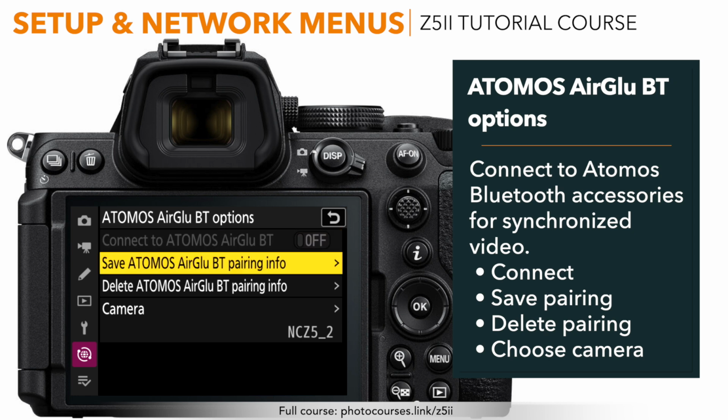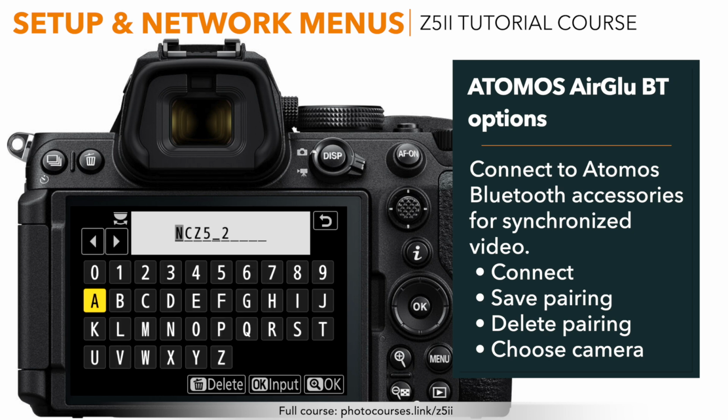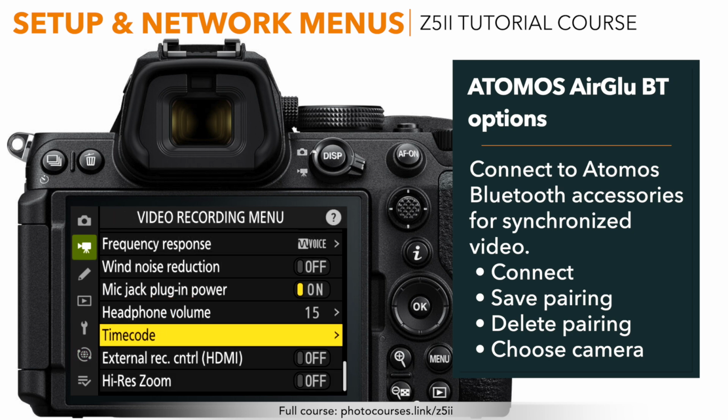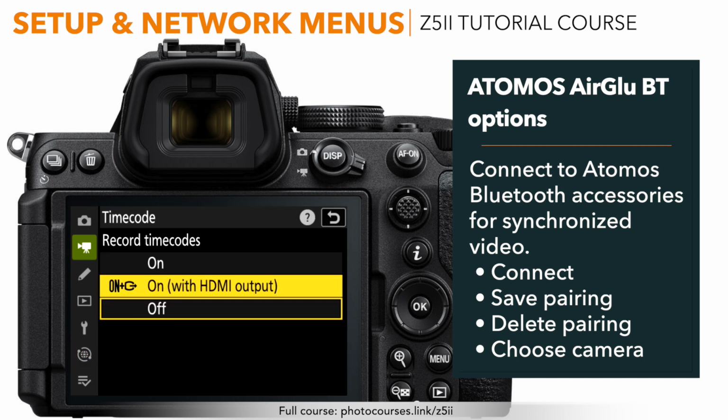So that's going to pair to these accessories. Delete deletes the pairing, and then camera is where you will choose the camera name that is listed on the Bluetooth device. And once all of that is connected, in order to get full functionality, you'll need to enable the record time codes option in the video recording menu.